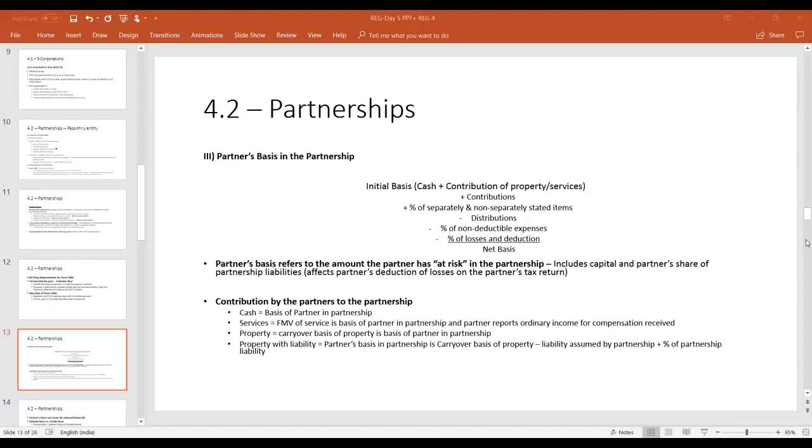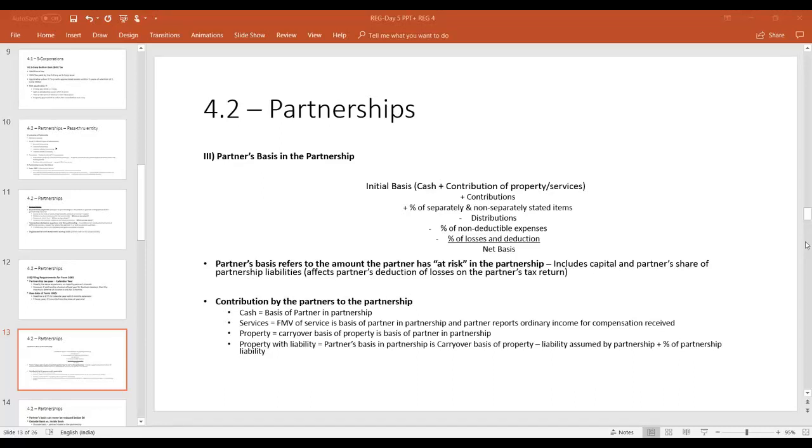Here we do not consider that 80% of the cash and property contribution. So that is when your initial formation, we look at all partners and we see whether it's a taxable transaction or not.